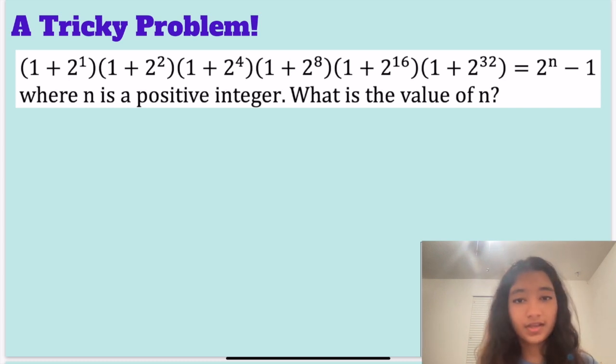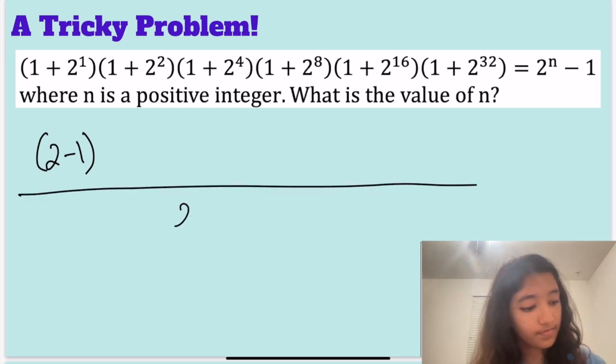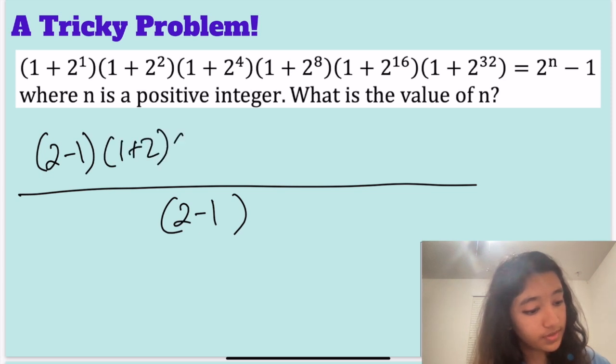It might be a little bit tricky to see where to start, but notice that if we multiply by 2 minus 1 in the numerator and denominator, and I'm just going to copy all of those values up here.